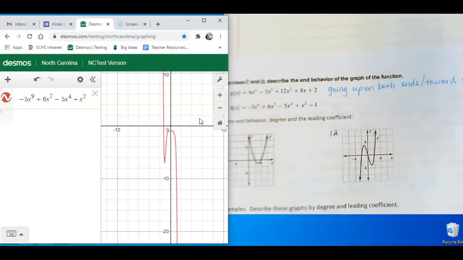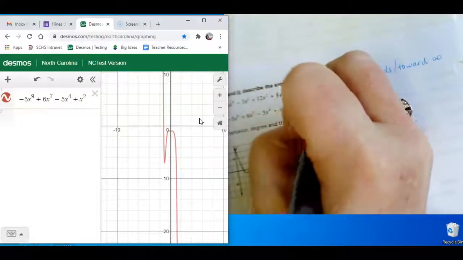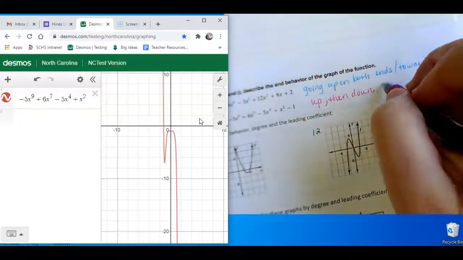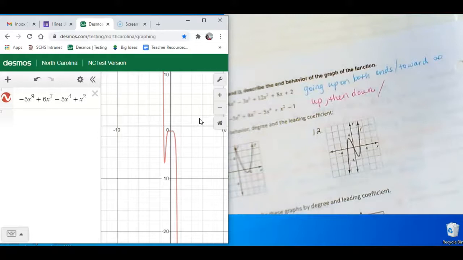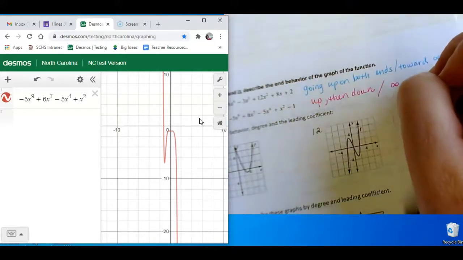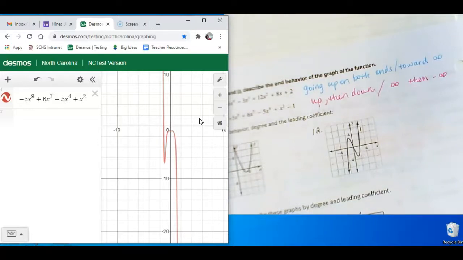You see how it's up on the left and then down on the right? What that means, you could say, up, then down. You could say it's going towards infinity, then negative infinity. Because if it's going up, it's going towards infinity. If it's going down, it's going towards negative infinity.